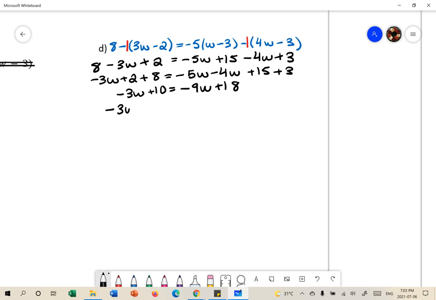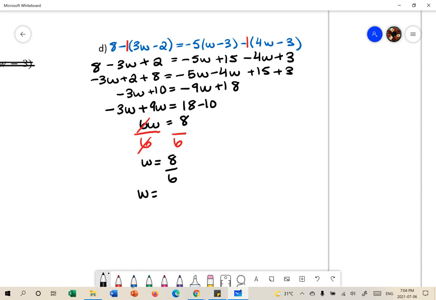Negative 3w plus 9w is equal to 18, subtract 10. 6w is equal to 8, dividing both sides by 6. W is equal to 8 over 6. And I'm going to make sure that it's in the lowest terms, 4 over 3.